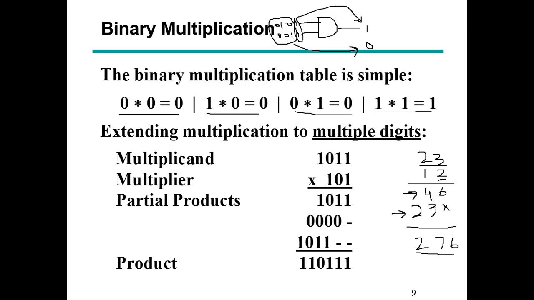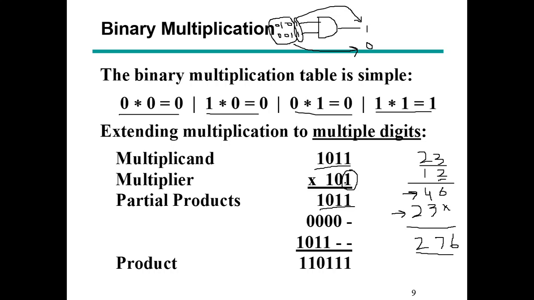Now in binary it is a little easier. Why is it easier? So see, if this is the multiplicand and this is the multiplier. If you multiply the multiplicand with a certain bit of the multiplier that is 1, all you need to do is write down the multiplicand. So 1 ones are 1, 1 ones are 1, 1 zeros are 0, 1 ones are 1.